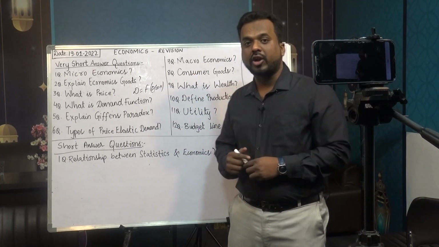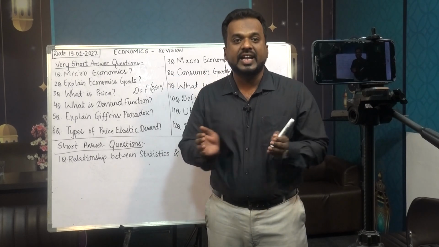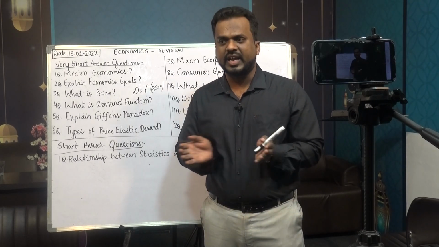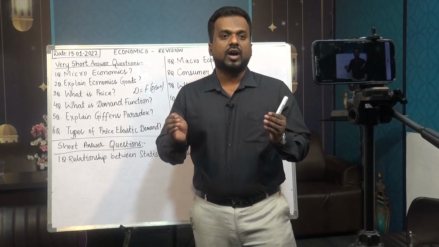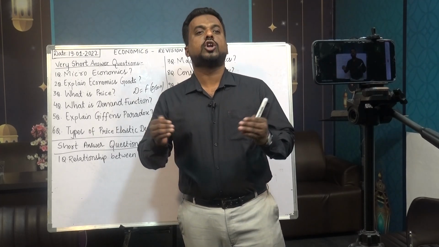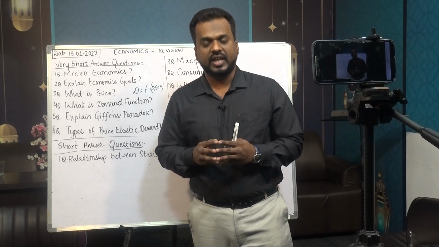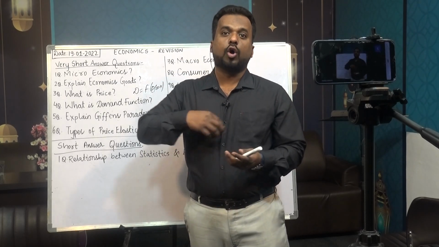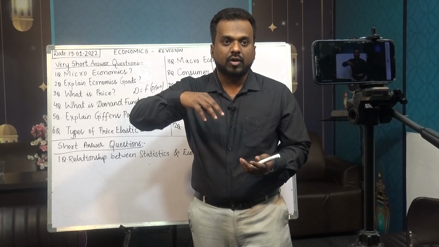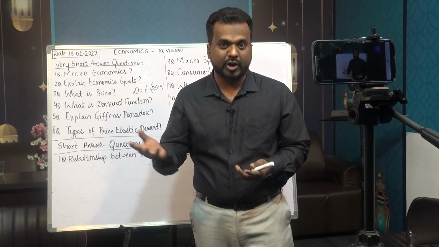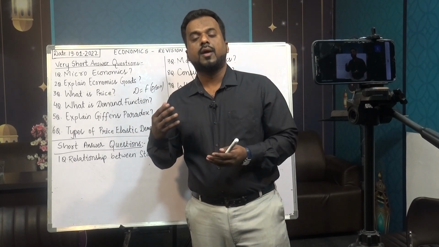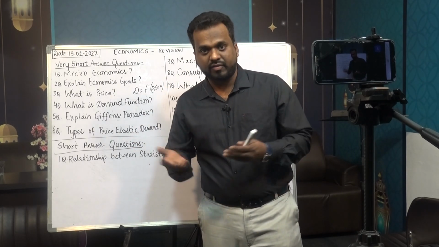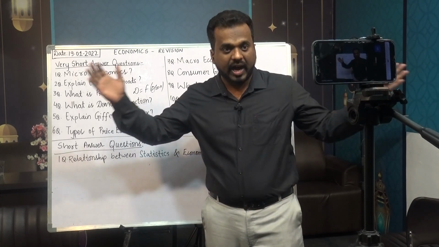So what is macroeconomics? Macroeconomics is the aggregates of total income, aggregate demand, aggregate supply. What is aggregate? It's a combination, a collection of all things together. So when you study the whole forest, it is called macroeconomics, M-A-C-R-O. It derives from the Greek word makros, which means large.